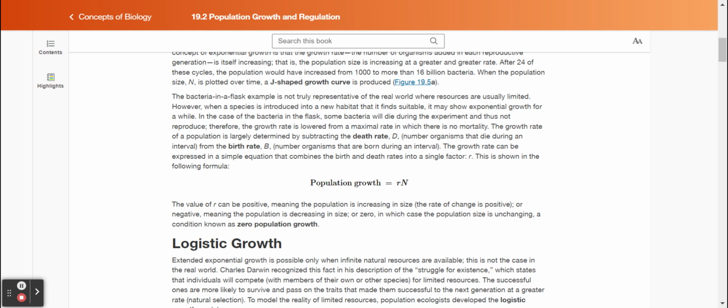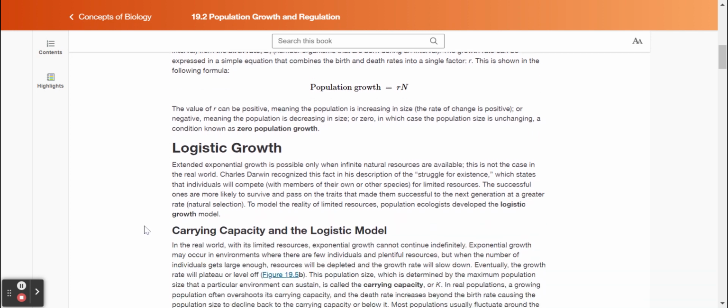Population growth is equal to r times N. The value of r can be positive, meaning the population is increasing in size, the rate of change is positive, or negative, meaning the population is decreasing in size, or 0, in which case the population size is unchanging, a condition known as zero population growth.